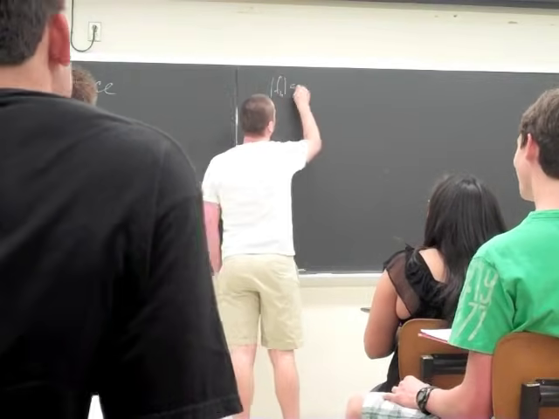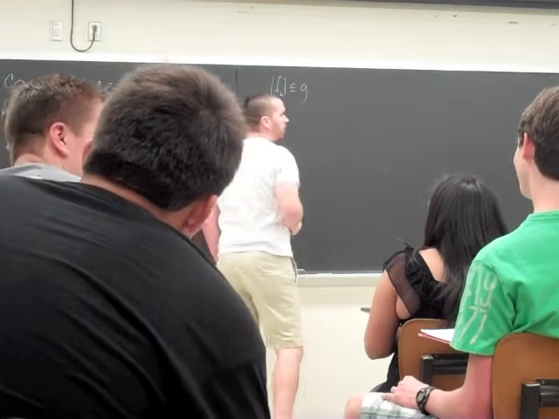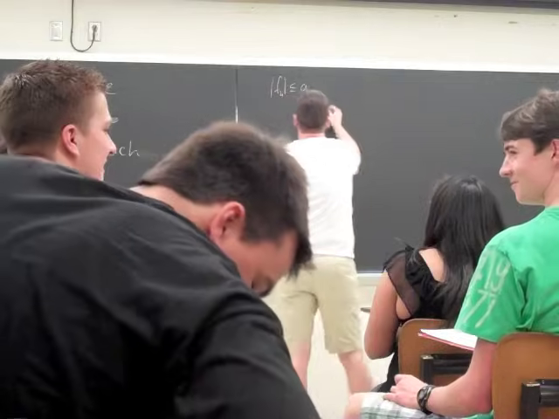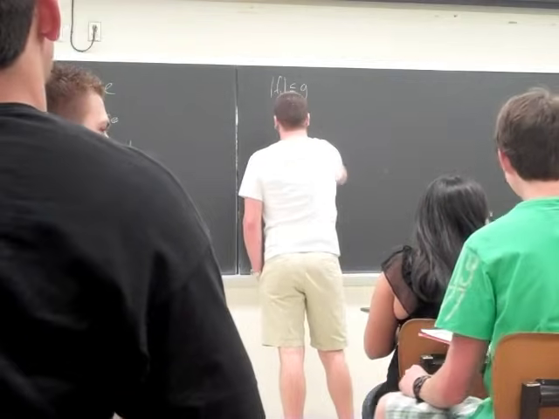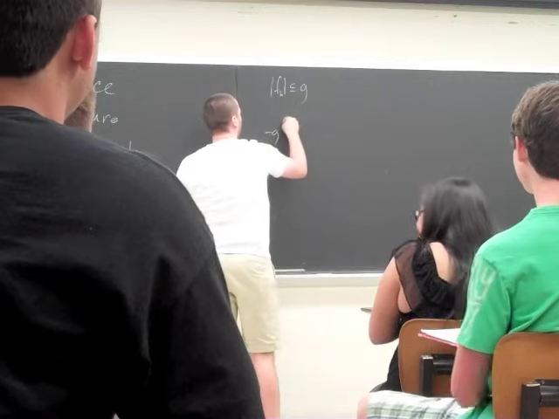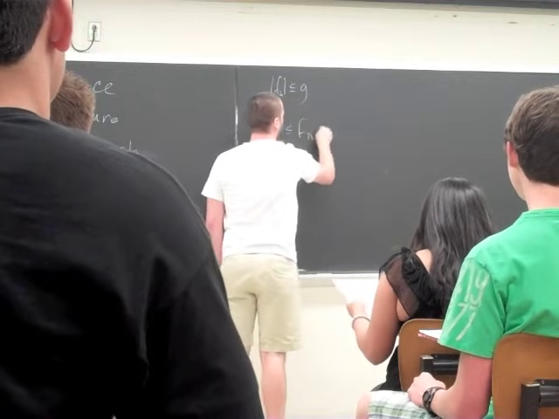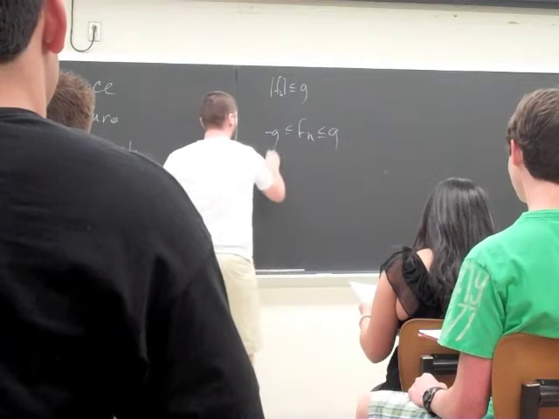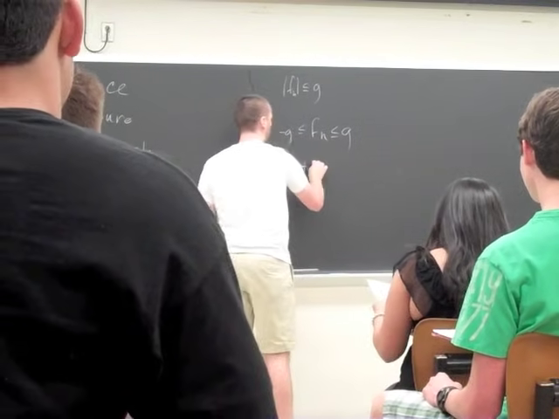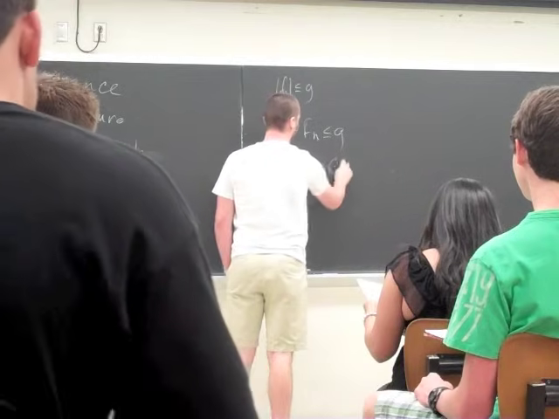Since Fn is less than or equal to G, then we can use the following natural argument, which gives us that Fn plus G is greater than or equal to 0.